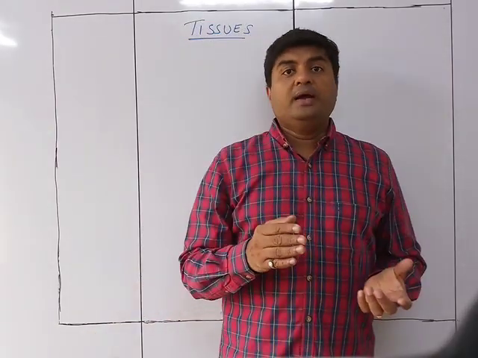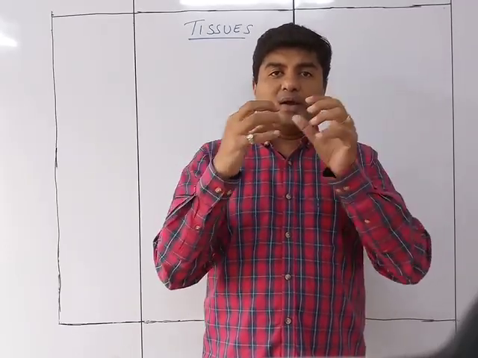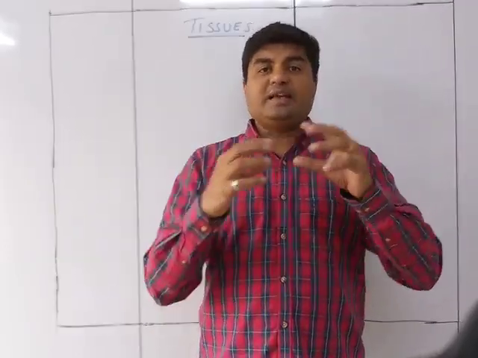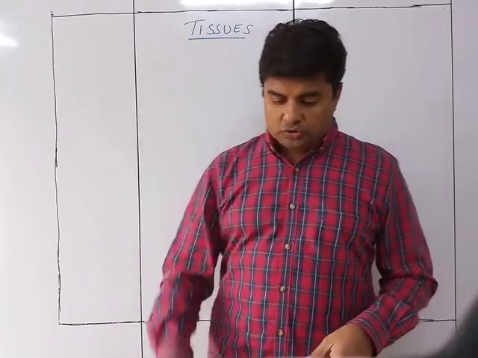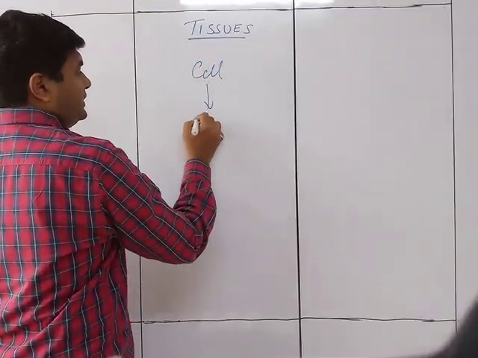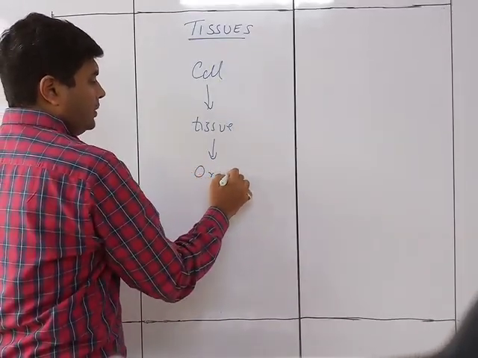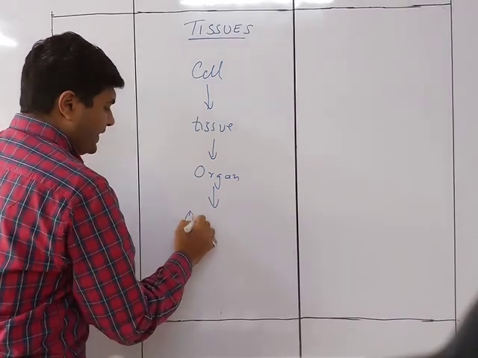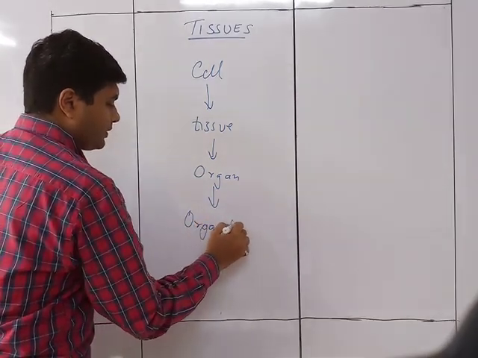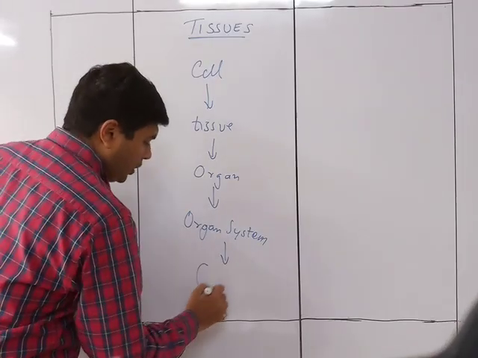Got it? So the hierarchy in which things club together to form one unit is: cells combine to form tissue, tissues combine to form organ, organs combine to form organ system, and organ systems combine to form organism.